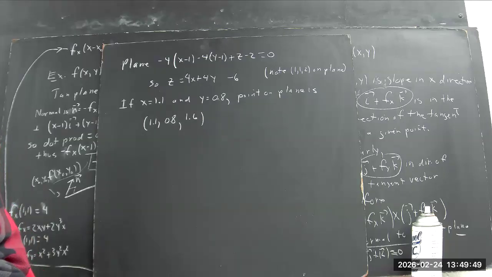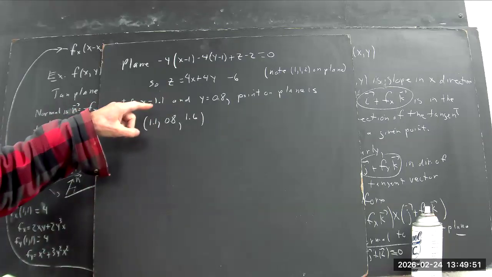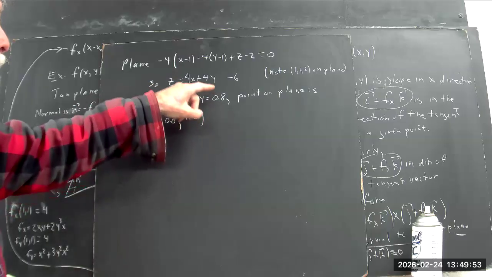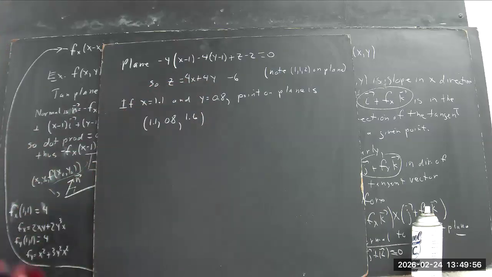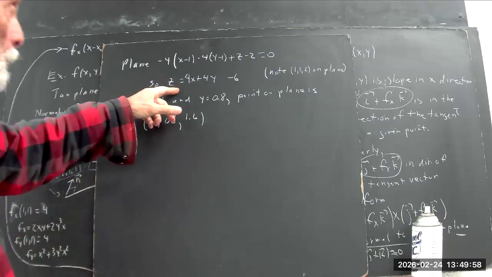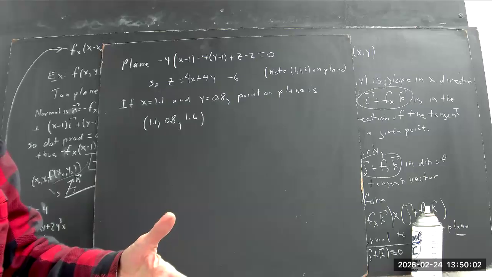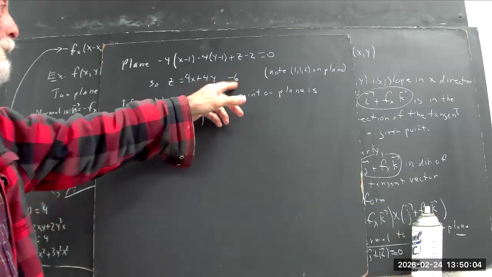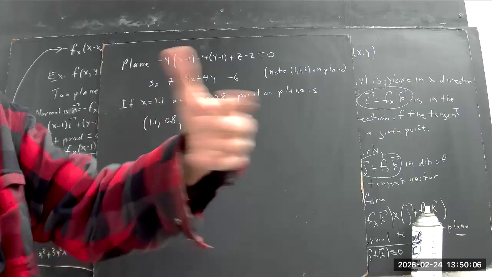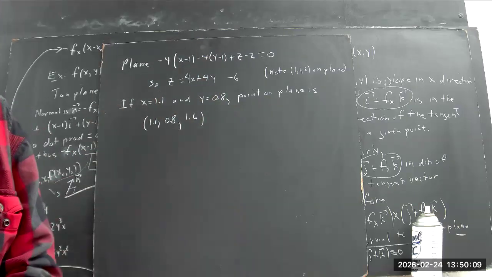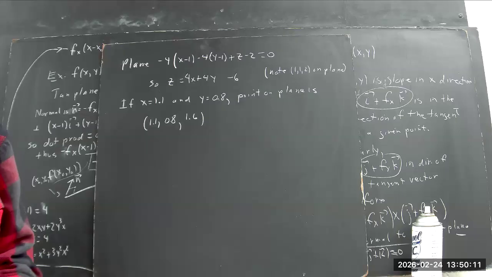How do I get that? I just plugged 1.1 in for x, 0.8 in for y, and that's what I got. I got 4.4 plus 3.2, which is 7.6, minus 6. 7.6 minus 6 is 1.6. That's not actually how I calculated it.